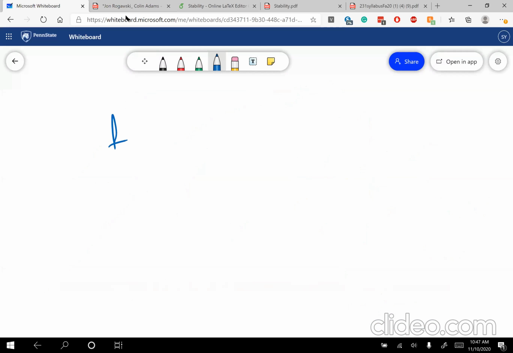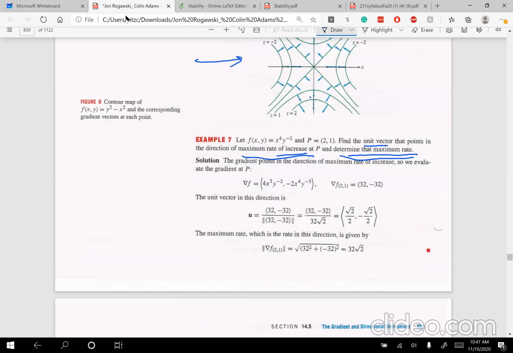So they tell us f(x,y) is equal to x to the fourth y to the negative 2, and p is equal to (2, 1).